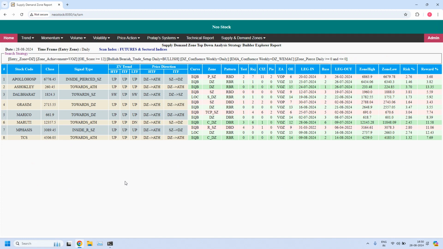So from 13, the list is reduced to 8. All these 8 stocks are having weekly demand zones with weekly EMA confluence, and also weekly zone and daily zones are overlapped. That is, zone confluence is there. Apart from that, all these stocks are supporting bullish trade setup for monthly income trade.